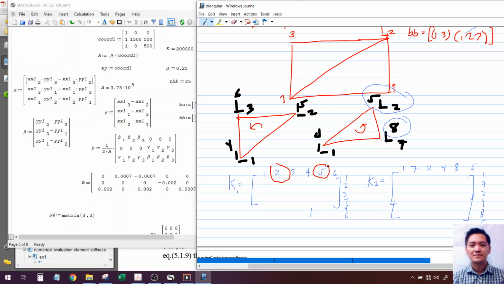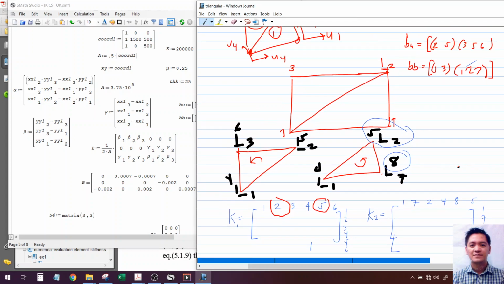And for element 2, we need 8 to 5, which is this, this, and this. Right? And the address of that is 3rd, 5th, and 6th. That's why 3, 5, 6.